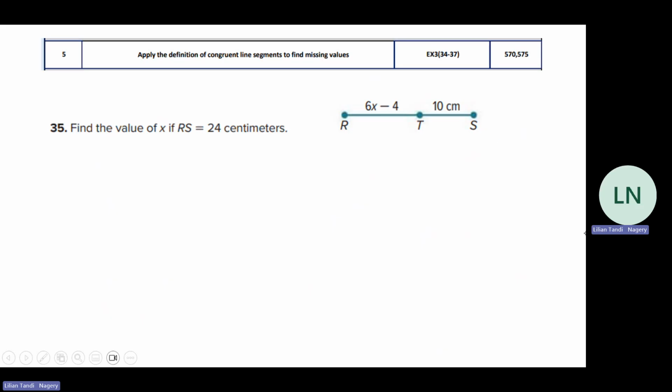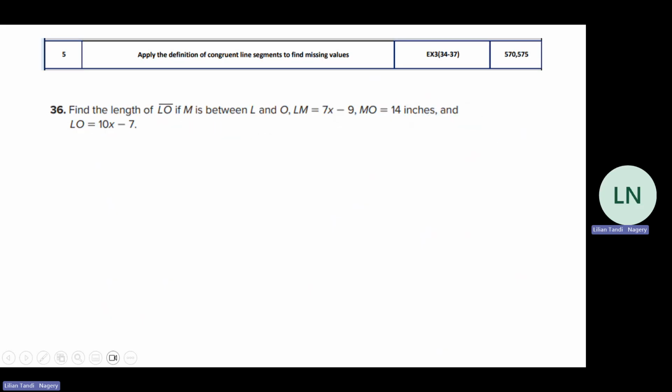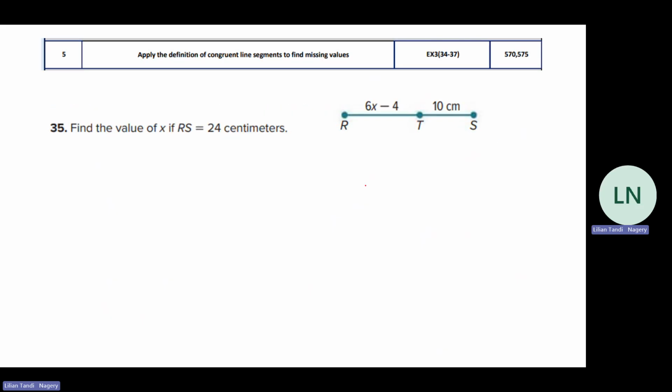Okay, now we come here. What do I know? According to the question, I know that I need to find the value of X. I also know RS is 24 centimeter. So from here to here is 24 centimeter, and that's the biggest part of the line.